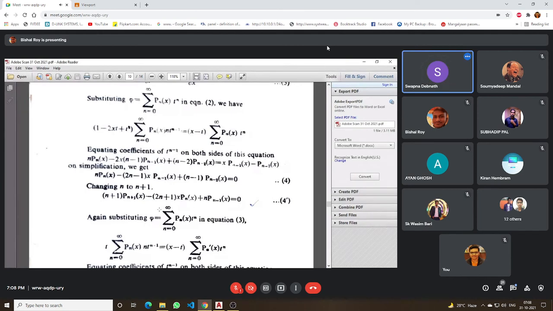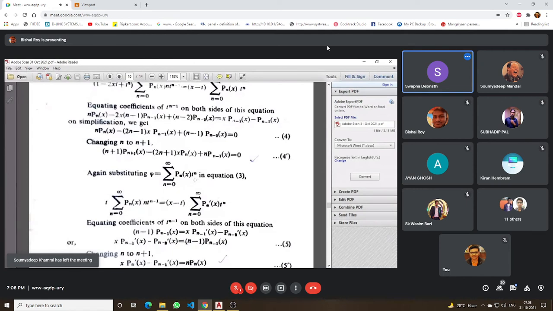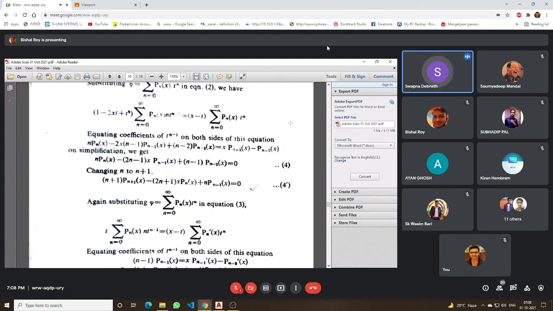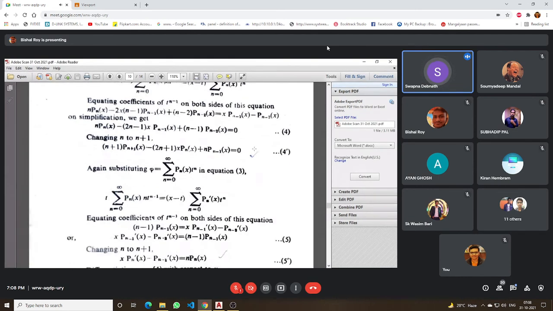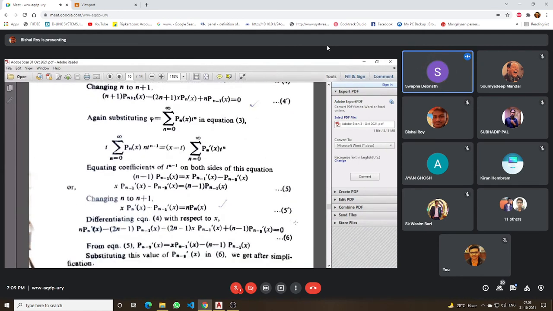Again, another relation is obtained by substituting φ equal to this in equation 3, and then equating coefficients of t to the power n−1, we arrive at another relation, 5. Then again changing n to n+1, we arrive at 5 dashed. Therefore, 4, 4 dashed, 5, 5 dashed, these are all recurrence relations.